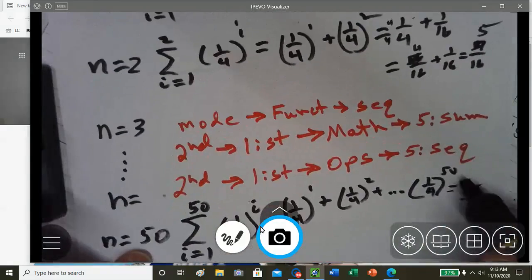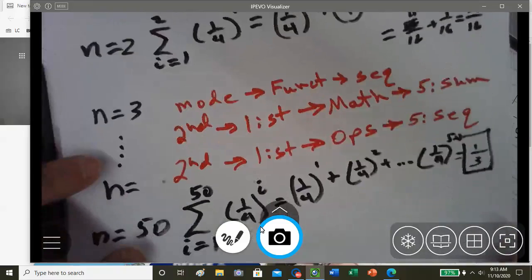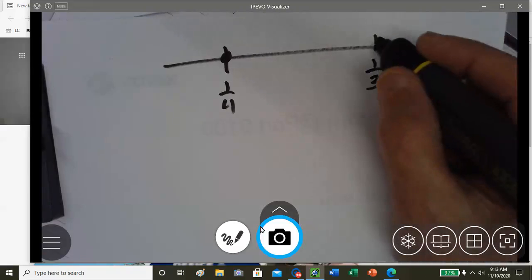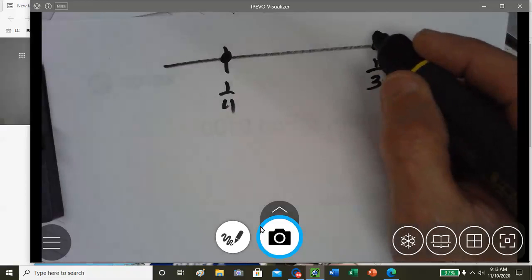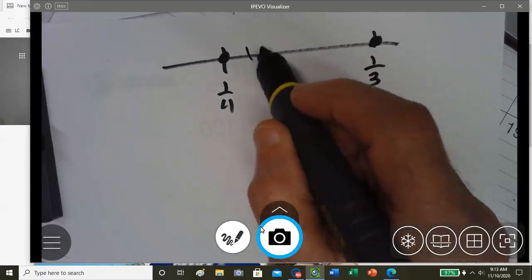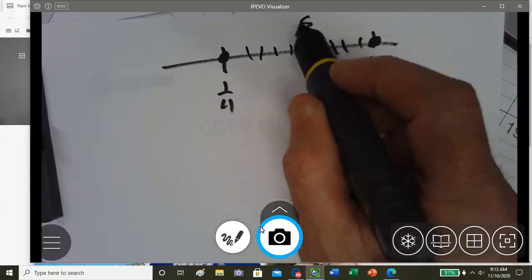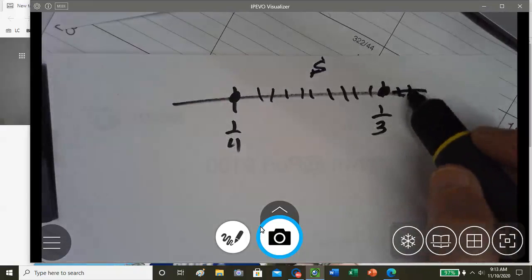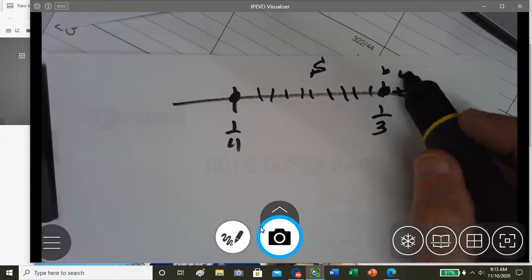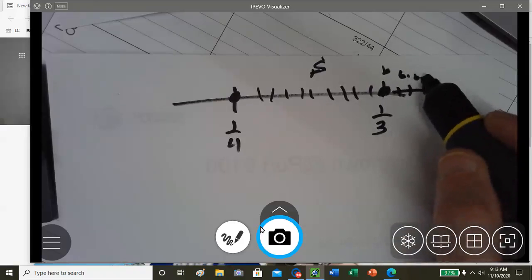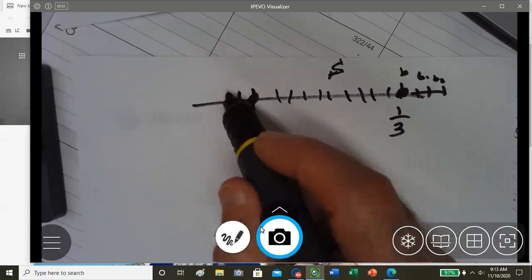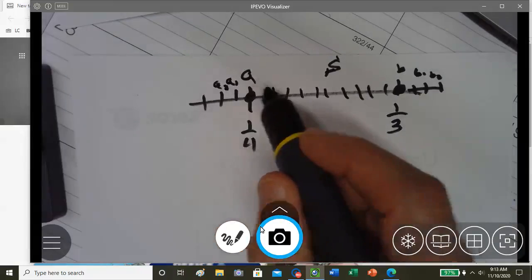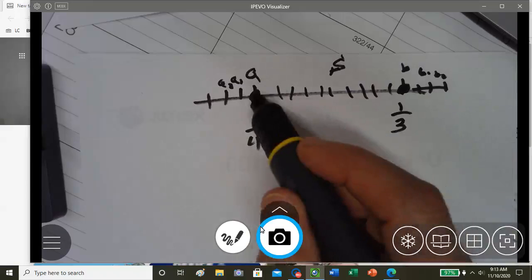And no matter how much we went, 50 and 51, so that's also 1/3. And we have all numbers in between for set S. And so this is our B. So there's really no other B1, B2 because it stops there. And then this is our A, and there's A1, A2, and there's no other A's because it stops here.